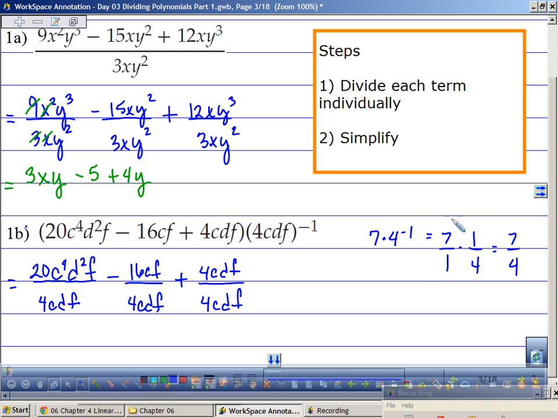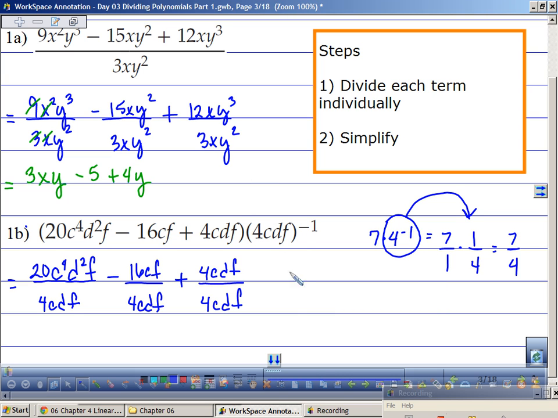Just like over here, I had 7 times 4 to the negative 1, right? Which is the same as 7 over 1 times, we said, negative exponents are positive fractions. So this turned into that. Correct?